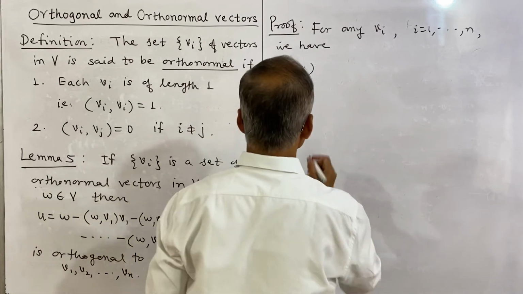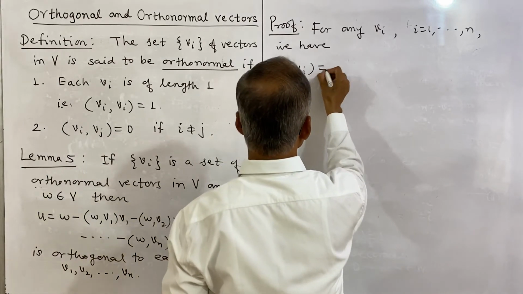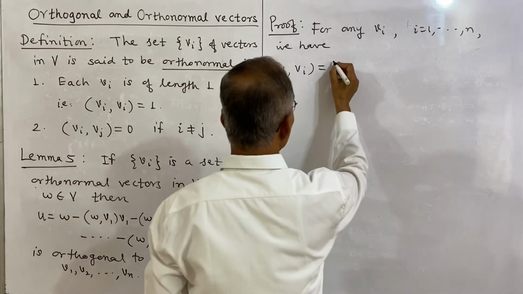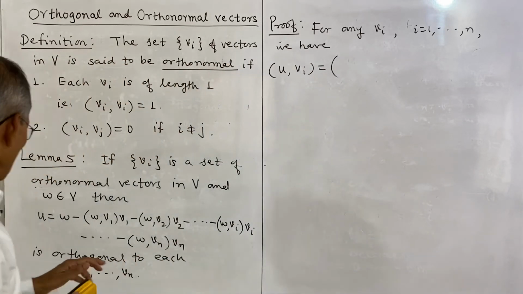So this will be equal to the inner product of u with vi. What is the expression of u? That is here.